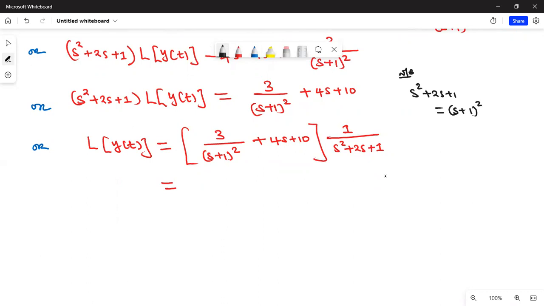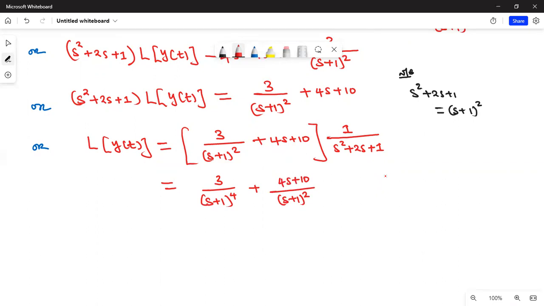So that this can now be written as 3 over s plus 1 raised to 4, plus 4s plus 10 over s plus 1 raised to 2. That's what we have.